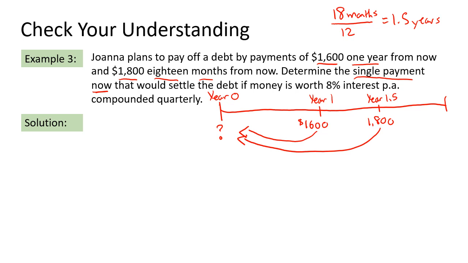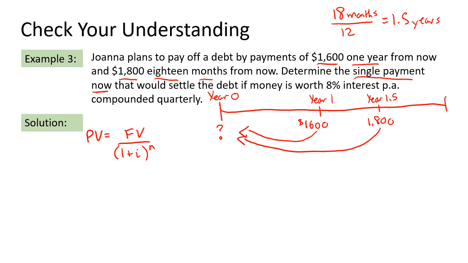All right. In this case, we're actually going to have 2 calculations. We need to convert both of these payments into present value. So I'm going to start with our formula. We have our present value is equal to our future value divided by 1 plus periodic interest rate, and that's all to the exponent n, the total number of compounding periods.